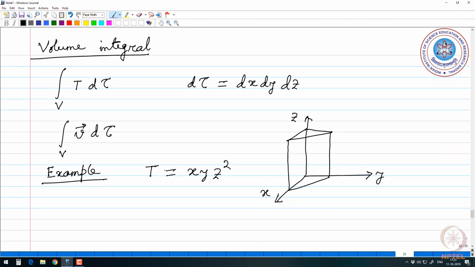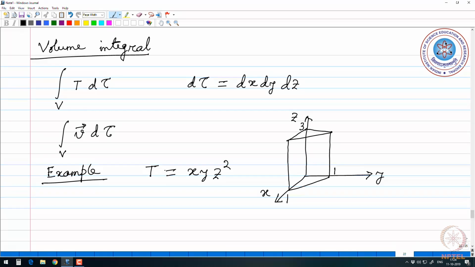This is the prism where the intercept with the x axis is 1, here also the intercept with the y axis is 1, and the intercept with the z axis is 3.